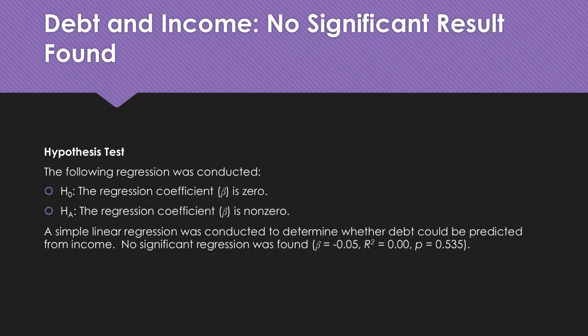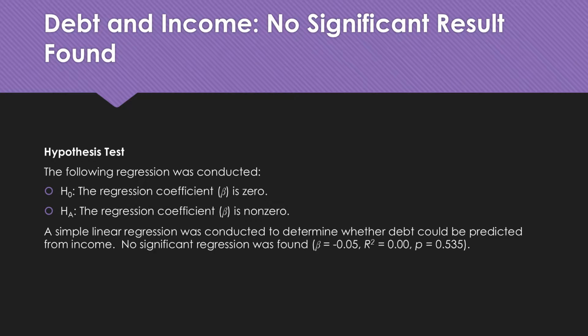In this example, there was no significant result found between debt and income. The following regression was conducted. The null hypothesis was the regression coefficient is 0, and the alternative hypothesis was the regression coefficient is non-zero. A simple linear regression was conducted to determine whether debt could be predicted from income.